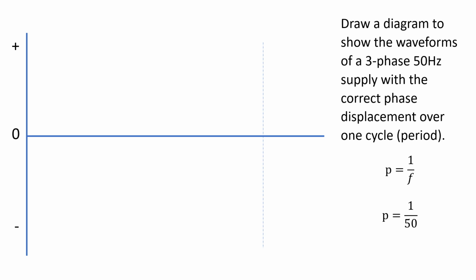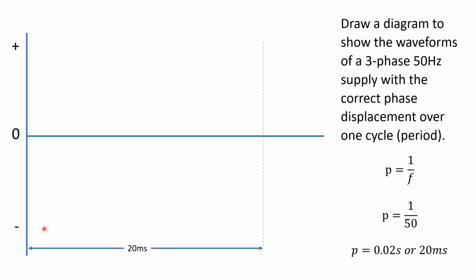So if I was to find 1 over 50, I would get 0.02 seconds or 20 milliseconds. So what I'm going to be cramming into the gap between there and there, that's going to be 0.02 seconds. So if it were me, I would be labeling that with 20 milliseconds, 0.02 seconds.